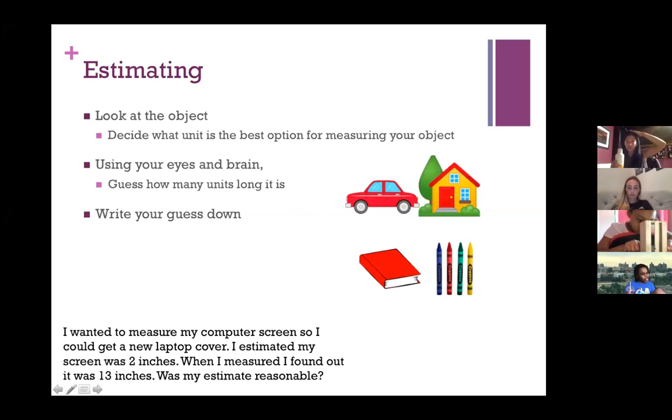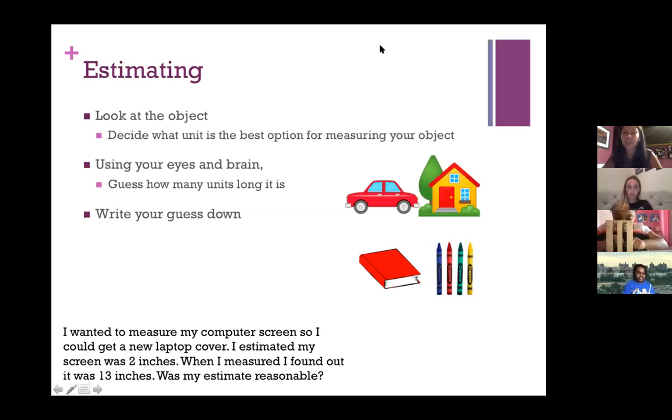Would you all agree with me? Would you make that same estimation? Michaela would. I see a hand up. Gabby's excited. My water bottle's 1 foot long. Jonay is super excited for me. I have a foot long water bottle. So using my eyes and my brain, I'm guessing how many units long it is, and then I'll write it down.